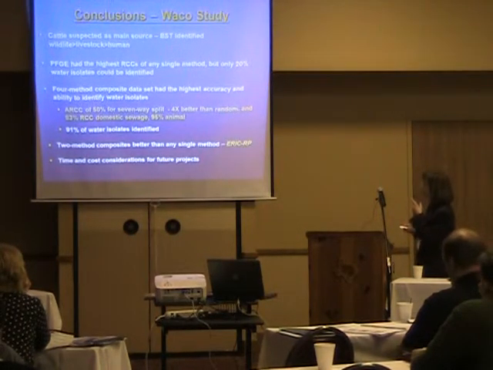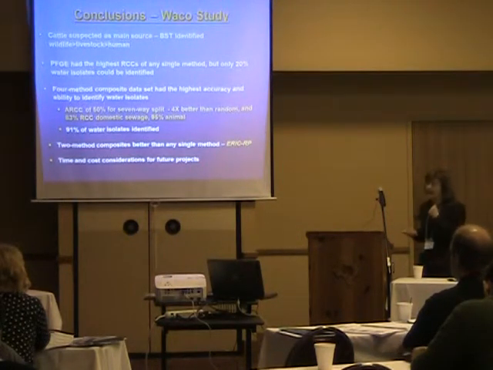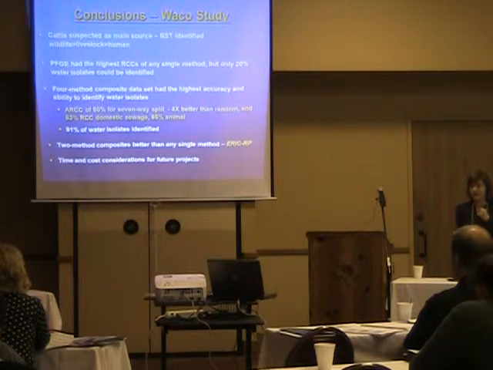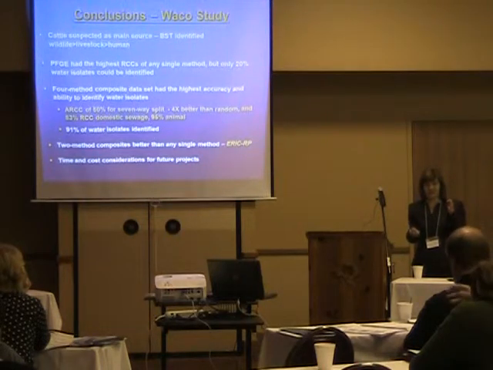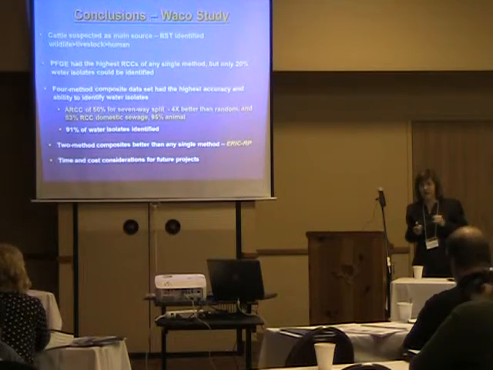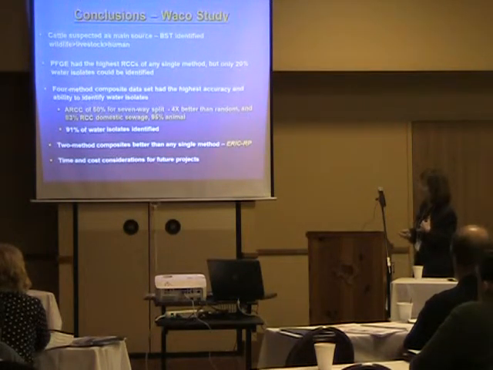While PFGE had the highest rate of correct classification for any single method, it could only identify 20% of the water isolates. So it's very good at determining foodborne pathogens, but we're going down to the level of Aunt Bessie's cow, and that's not where we want to be when we're source tracking.